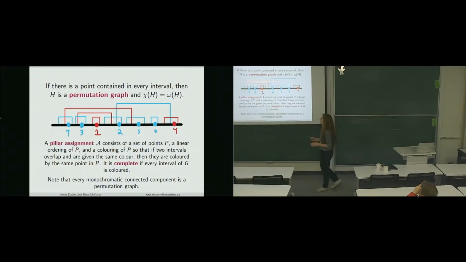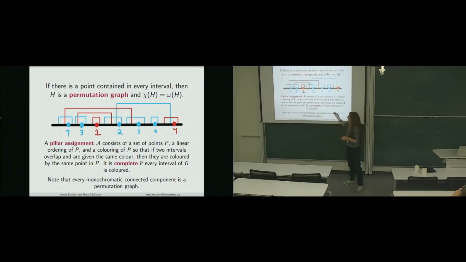The point of this definition is that because it's true for every 2 intervals that overlap, it's also true that for every monochromatic connected component, there's a single point contained in all of the intervals. And that means that every monochromatic connected component is a permutation graph.